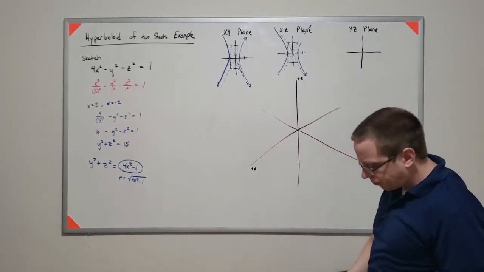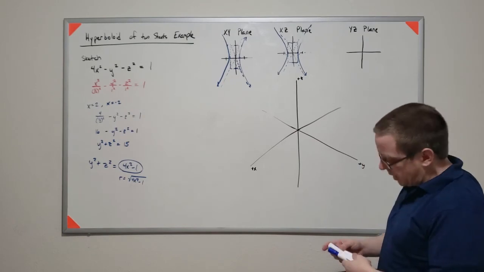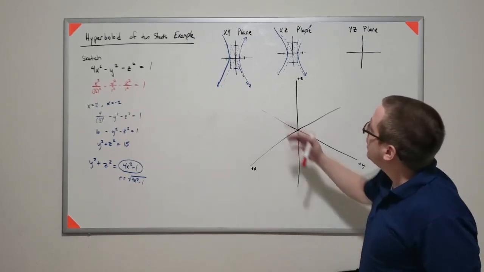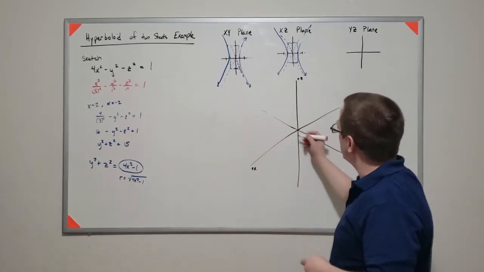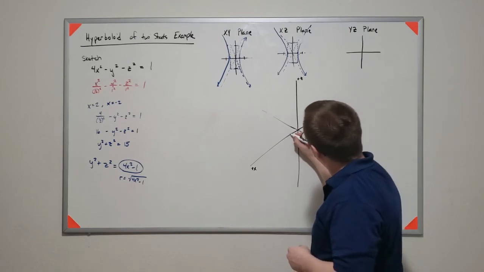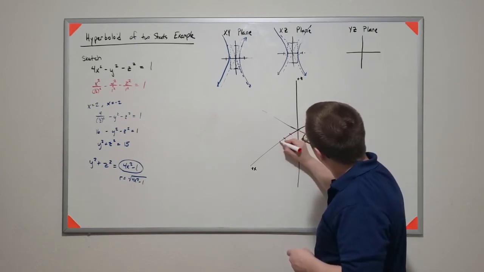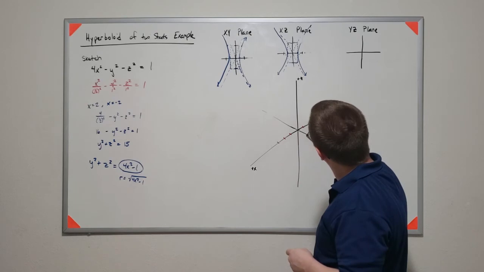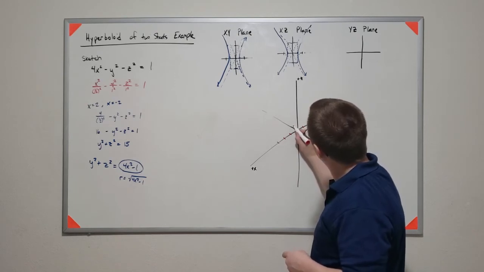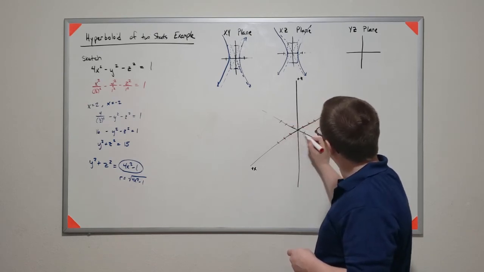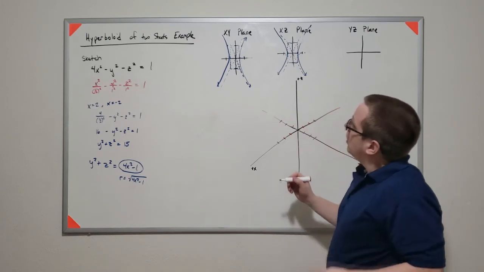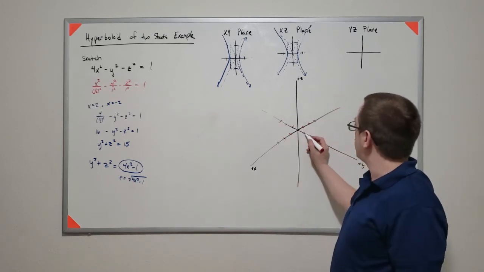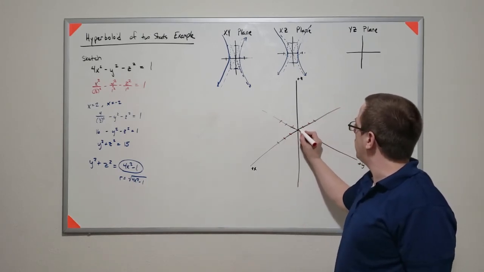So anyway, let's go ahead and sketch some of this stuff. In the xy plane, again, we've got hyperbolas, and y goes from -1 to +1, x goes to that half mark.